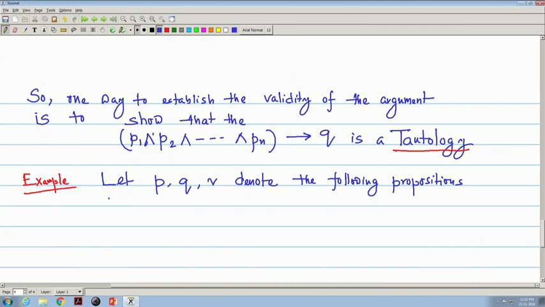P: Amit studies. Q: Amit plays football.